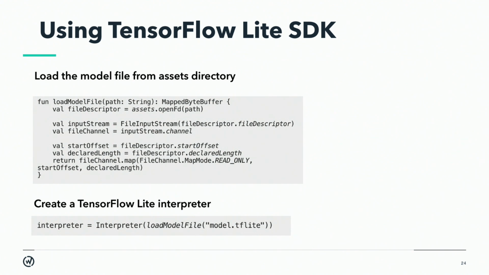This is an example function that loads the model file and returns a MappedByteBuffer. And then the TensorFlow Lite interpreter is the class that is going to perform the predictions. So we have to pass your loaded model file when we initialize that interpreter.